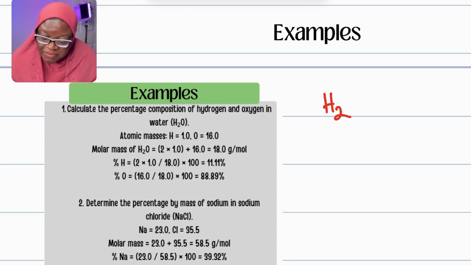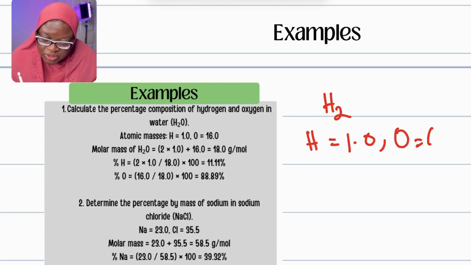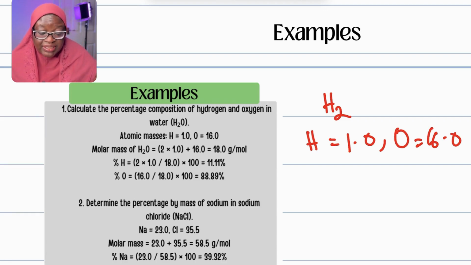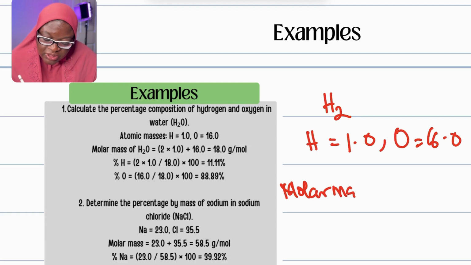Now, atomic masses we've been given: hydrogen is 1.0, oxygen is 16.0. Those are the atomic masses. And like we stated earlier, when you want to calculate the percentage composition, first you find the molar mass of the compound. So let's find the molar mass of water.